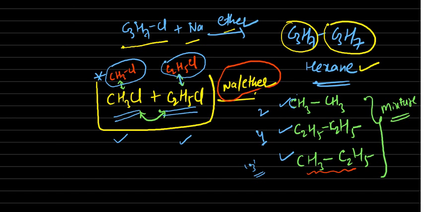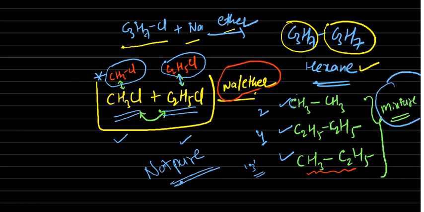So an odd number hydrocarbon chain is formed by the Wurtz reaction, but it is not pure, because 3 compounds are forming. It is only a mixture of compounds, right?